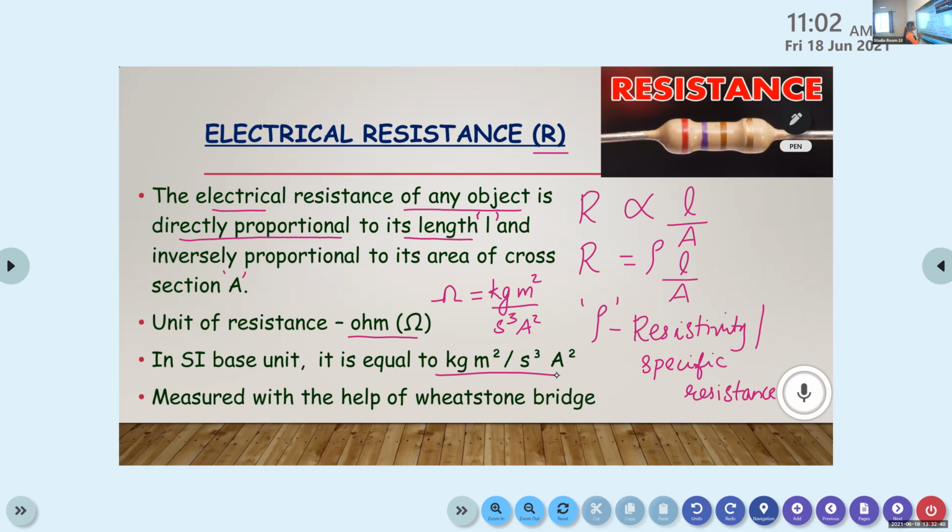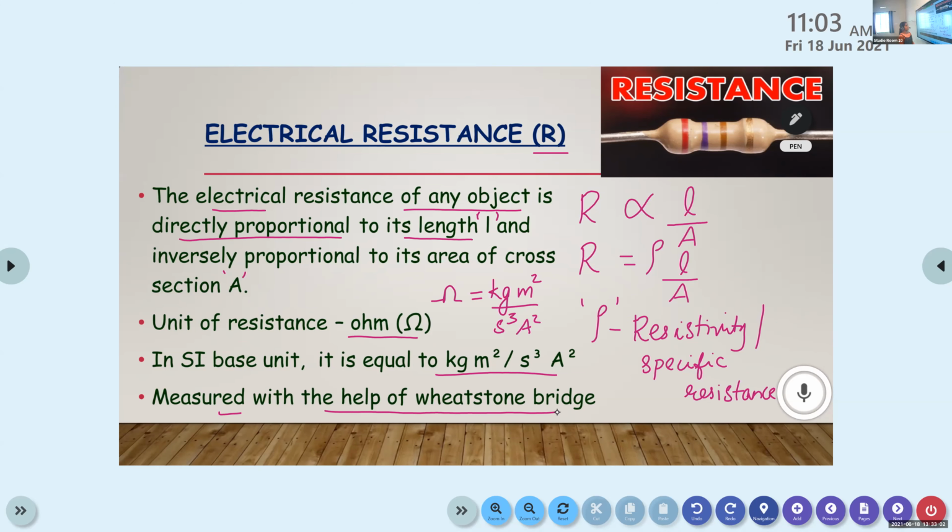And we measure this resistance with the help of Wheatstone bridge. Did you learn this in physics? Wheatstone bridge. Yes, ma'am. Okay. So these are all the things about electrical resistance.